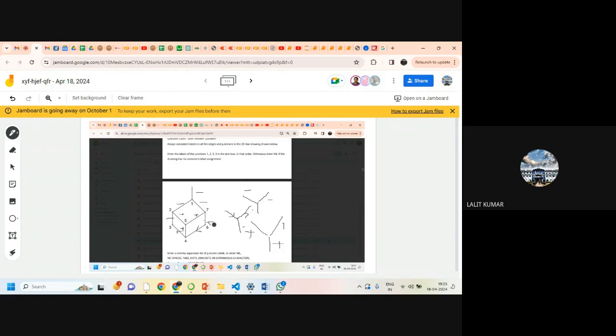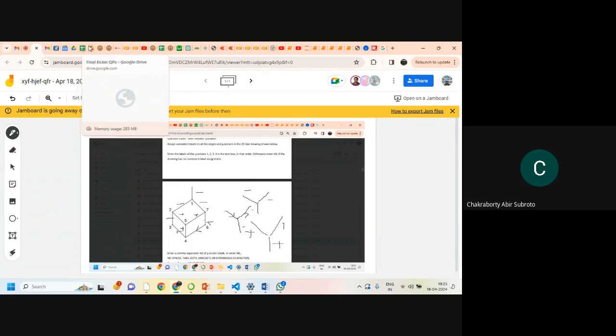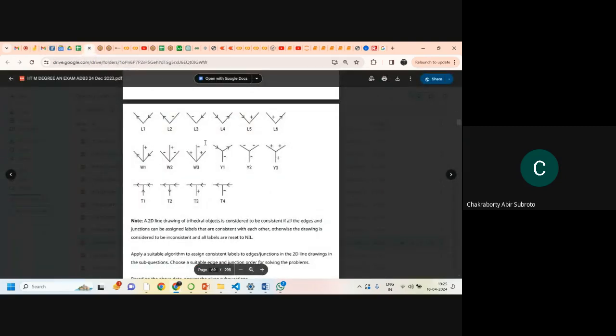Now you see, is there any junction like this in L? L2. Okay, we can see. So these are both different types. You can see minus on the left. So we can see here L2 and L3. Right, L2 and L3.